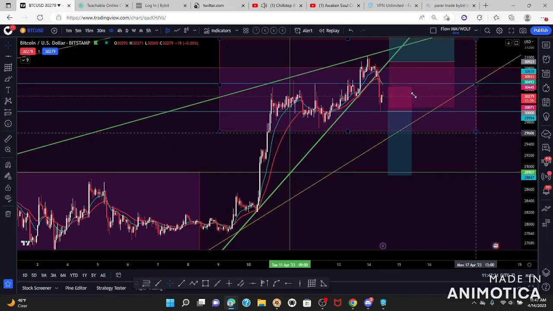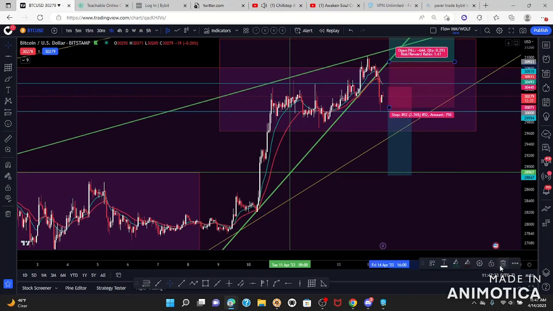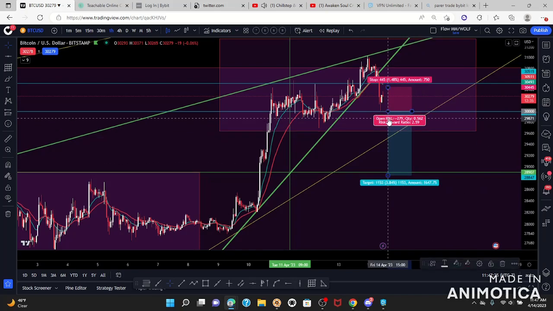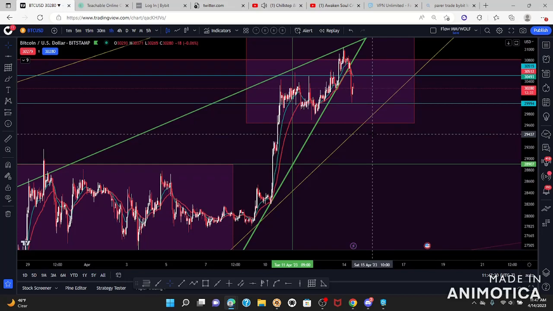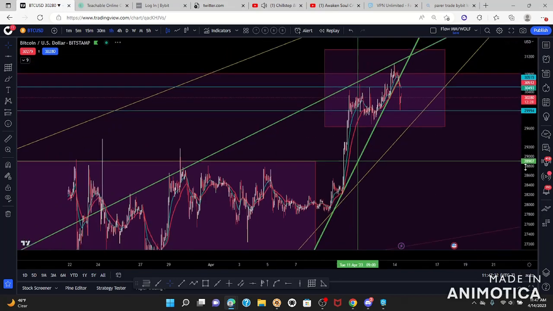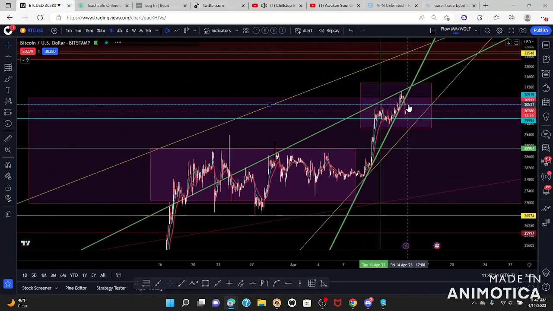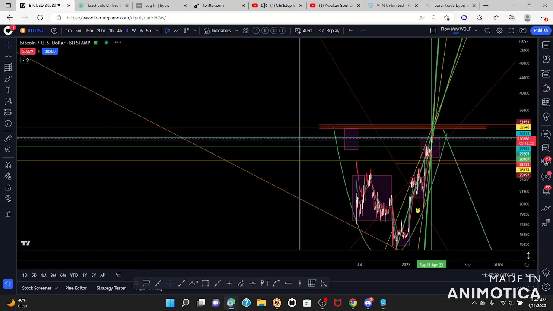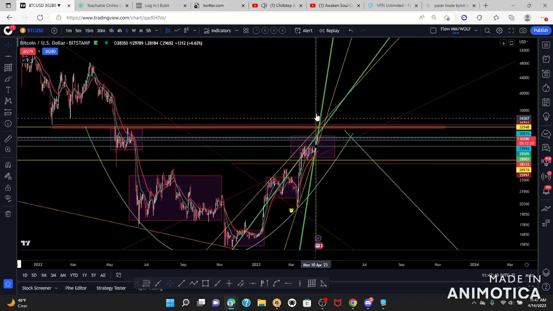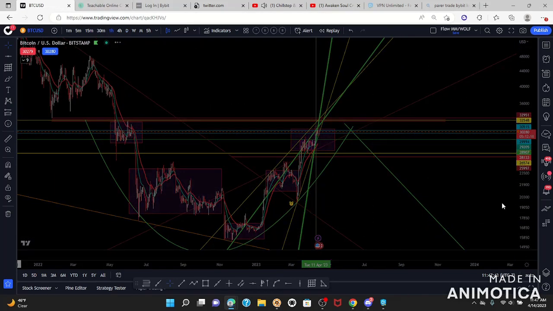I do recommend, and this is just for a little bit more advanced traders, or for anyone, I guess, we're all learning together, if this daily cup plays out and we fall from this point here, it would be prime entry.